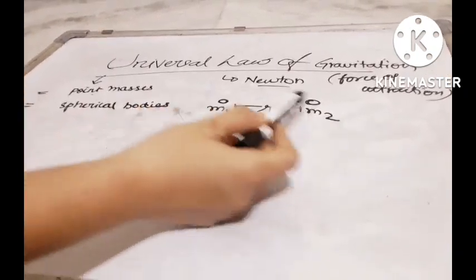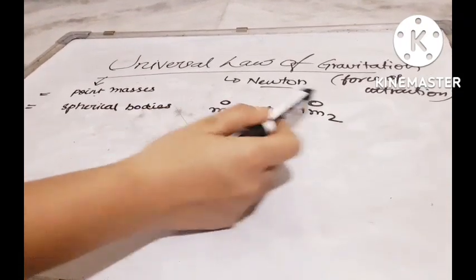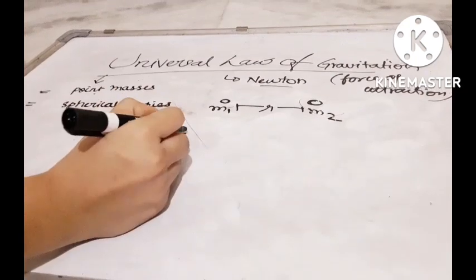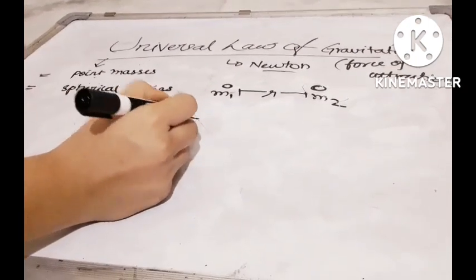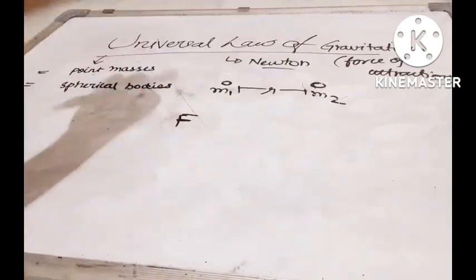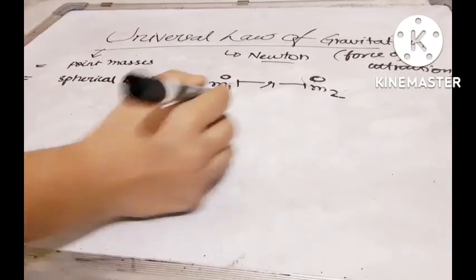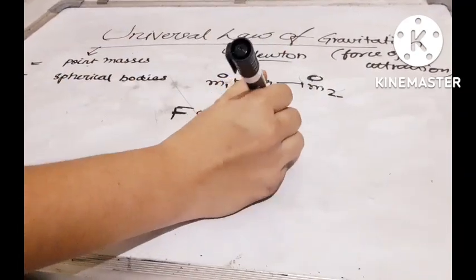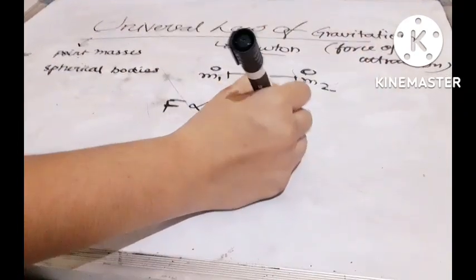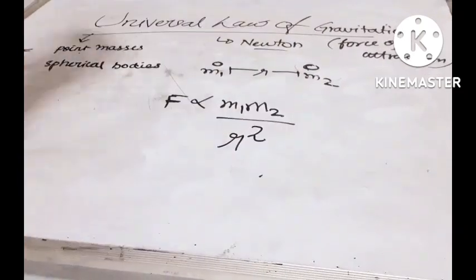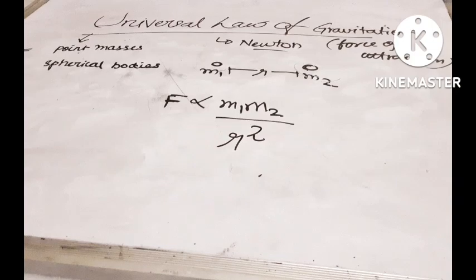So these were two bodies. This has mass m1 and this has mass m2 and the distance between them is r. Then the force applied on one mass by the other is directly proportional to the product of masses and inversely proportional to the square of the distance between them.